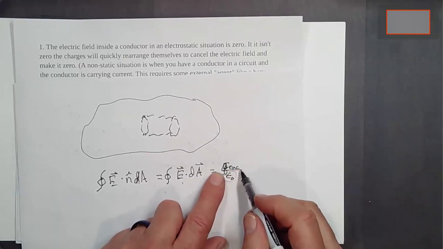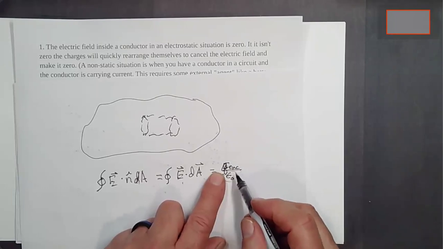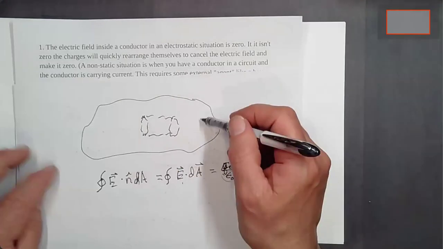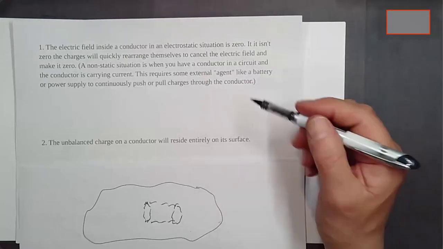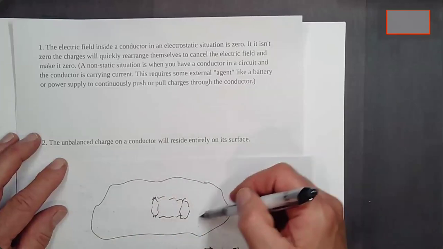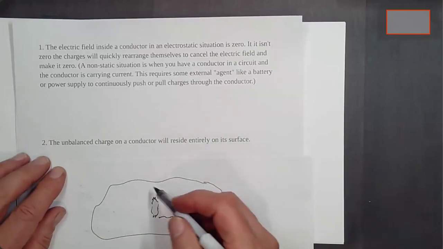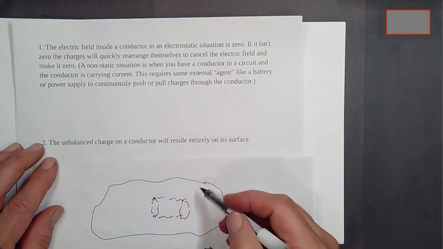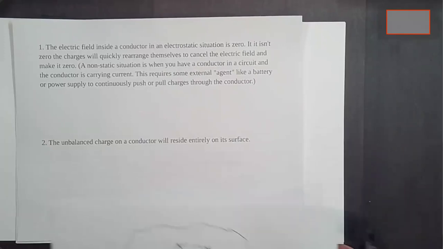The charge that's enclosed by the surface must be zero. And it would be zero no matter where we go inside this conductor, which means there's no loose charge or excess charge inside the conductor, and whatever charge it has, it's all on the outside of it. And so that's a key idea.